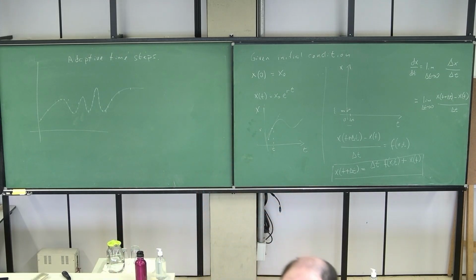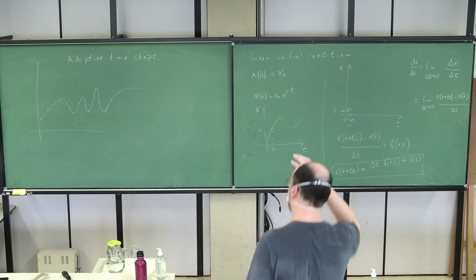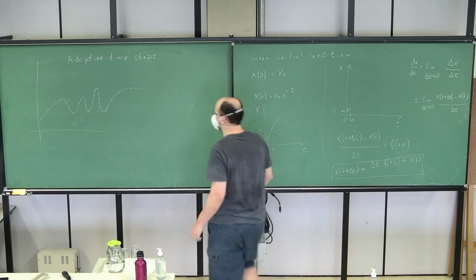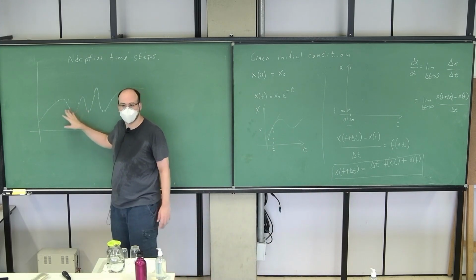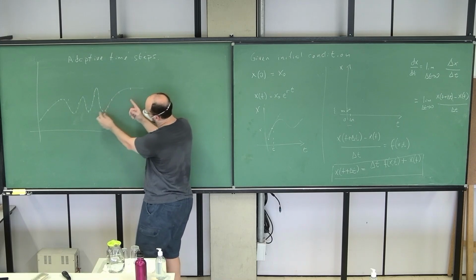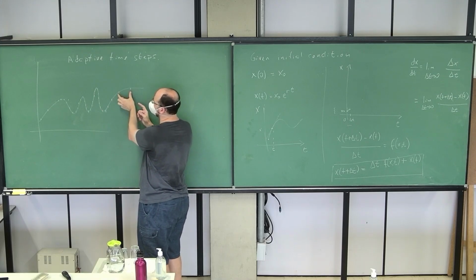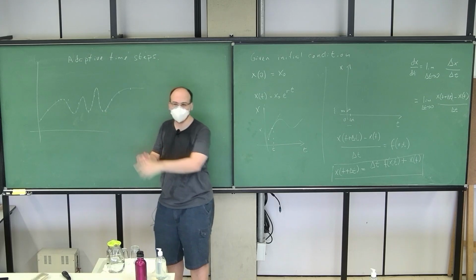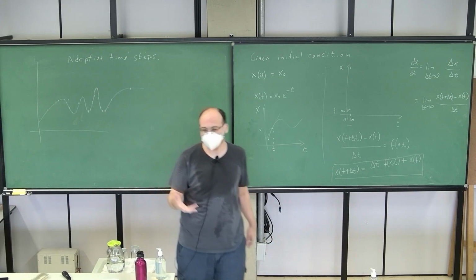Yeah? So what would be the advantage of increasing time steps when... Yes, here I gave you a moderate example, okay? Because here, this time step is only, I don't know, 5 times larger than this, okay? But sometimes you have something that changes by orders of magnitude.